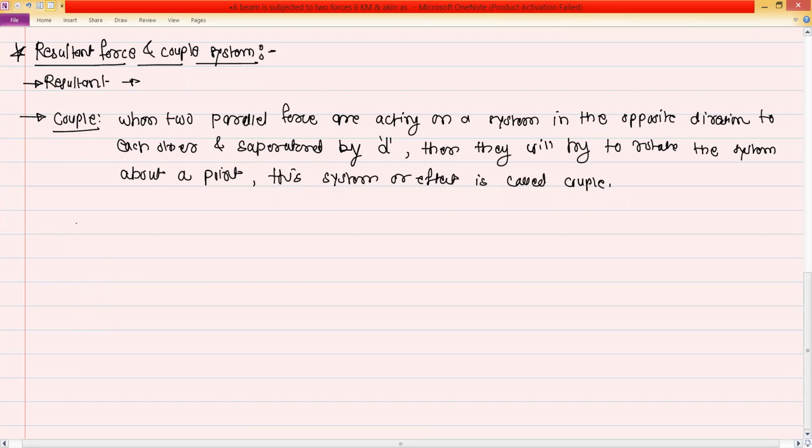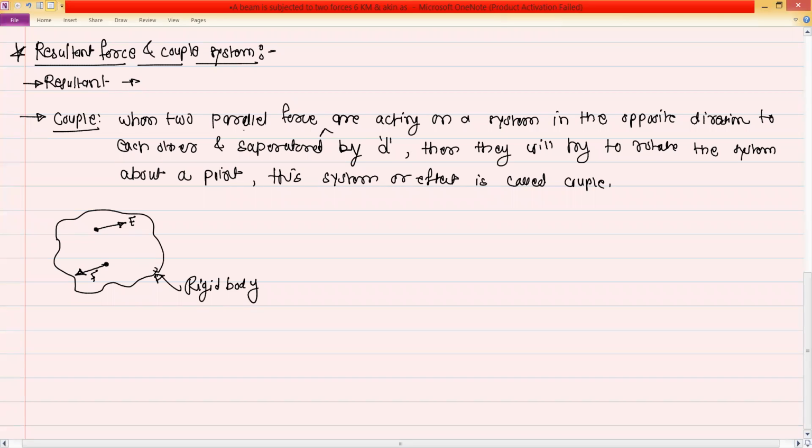So you can consider we have one rigid body and there are two forces, that is F and another force is F. That is, both the forces have equal magnitude.